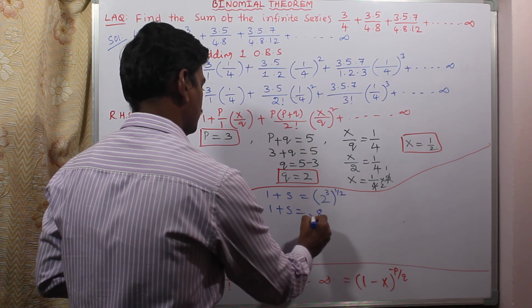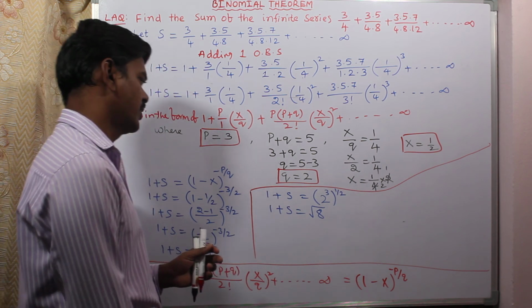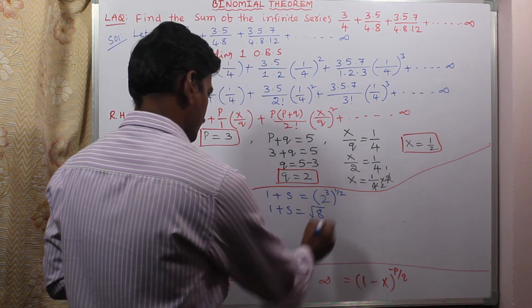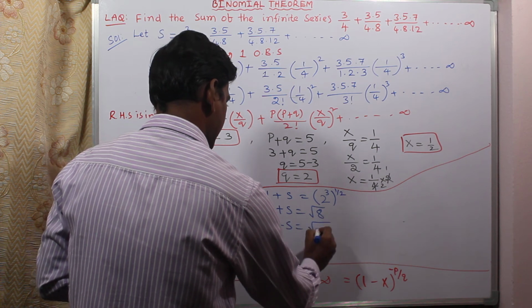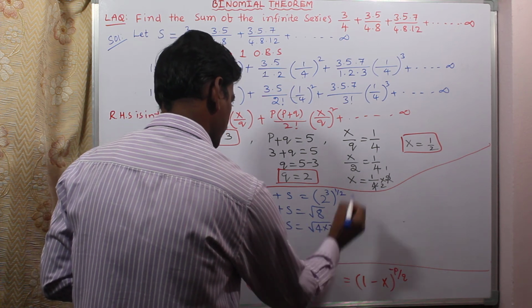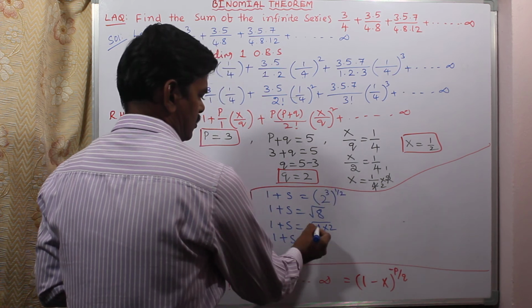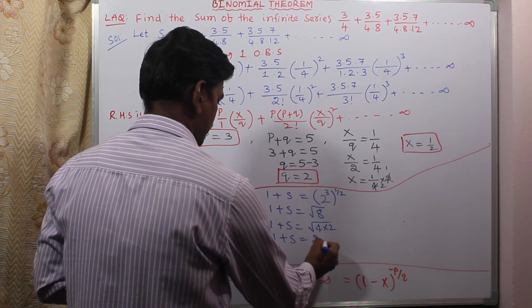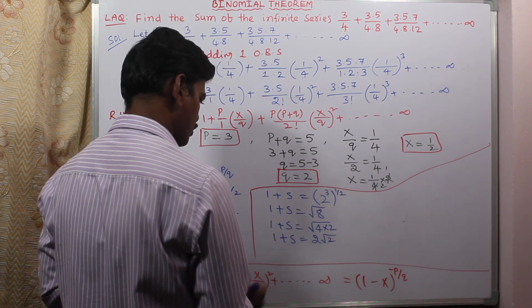Power 1 by 2 can also be replaced with square root, both are the same. So 1 plus s is equal to root over 8, which can be written as 4 into 2. So 1 plus s is equal to root 4, 2. This 2 cannot come outside of the square root, so it remains under the square root, 2 root 2.